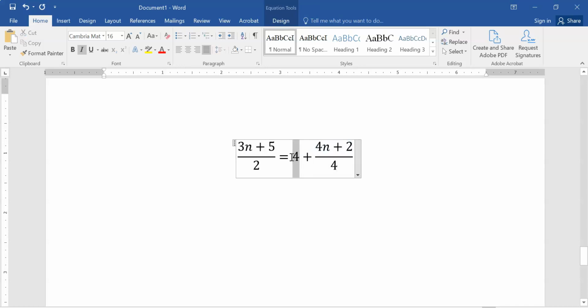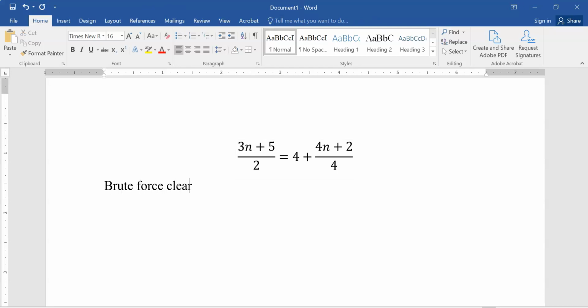And then we have other terms that aren't fractions at all, like 4 here. Now, the brute force method still works here. We just have to be a little bit clever about how we view this 3n plus 5 quantity all over 2. All right? So let me write the brute force clearing.